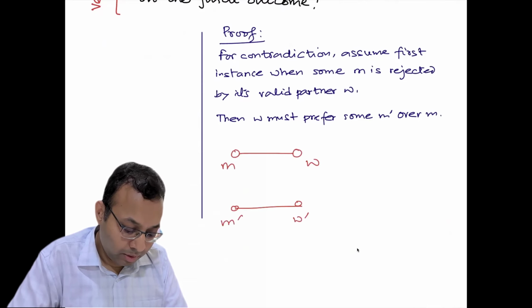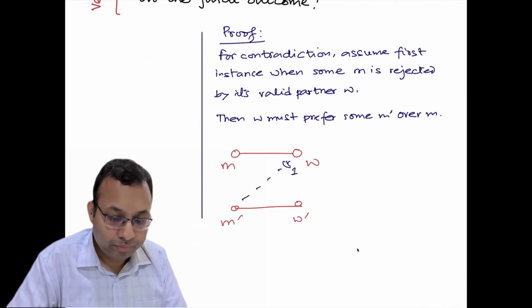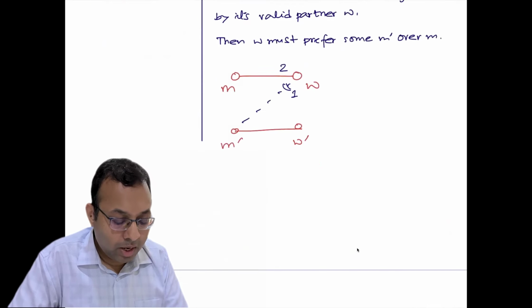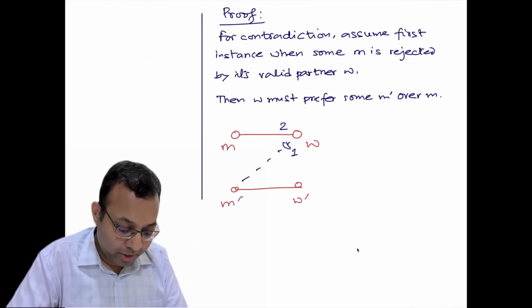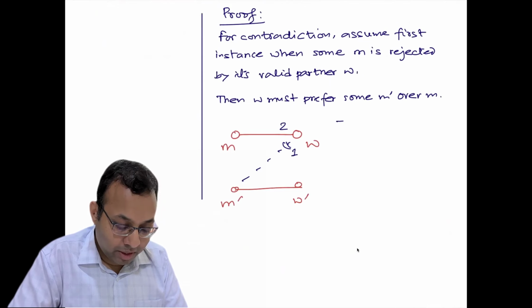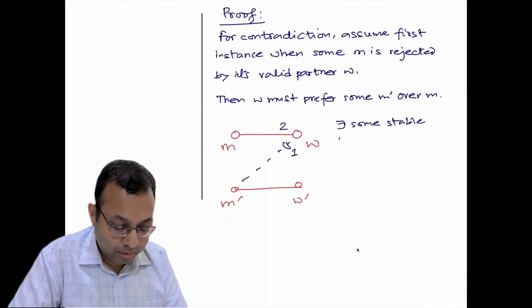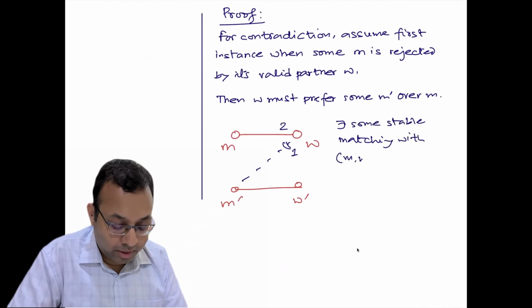And W prefers M prime over M. Now let's look at this example. There is some stable matching with pairs M W and M prime W prime.